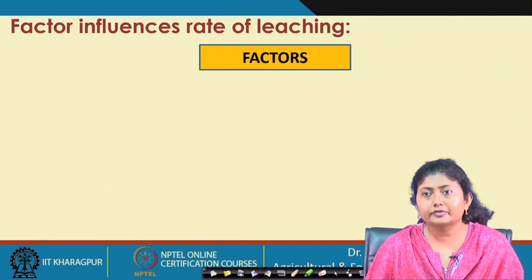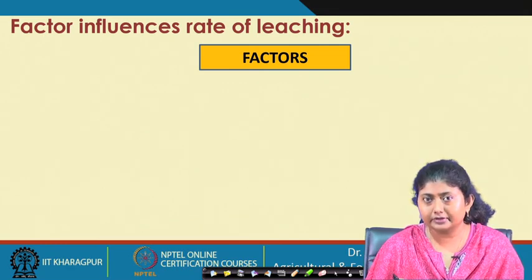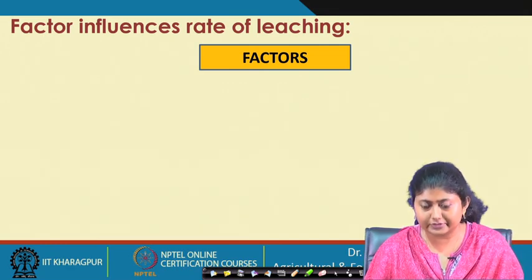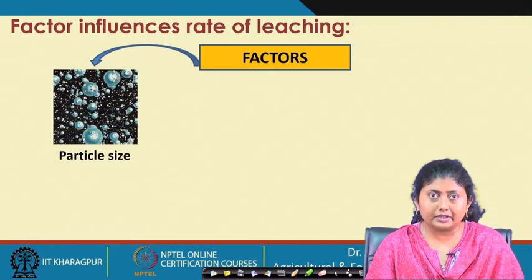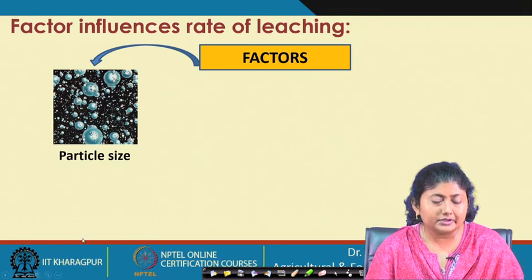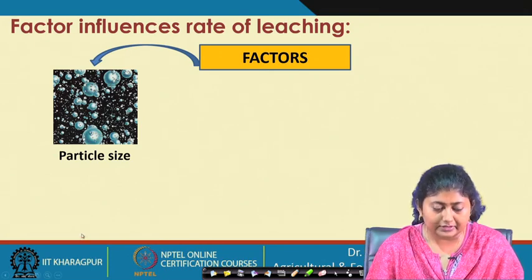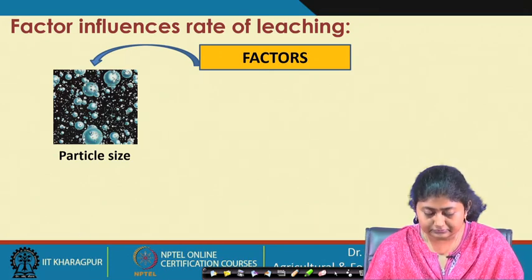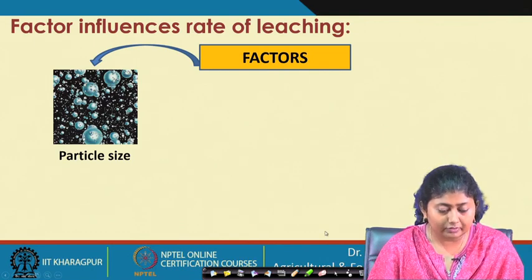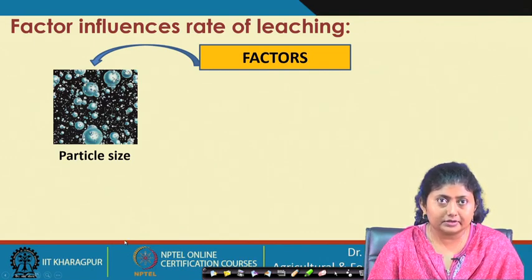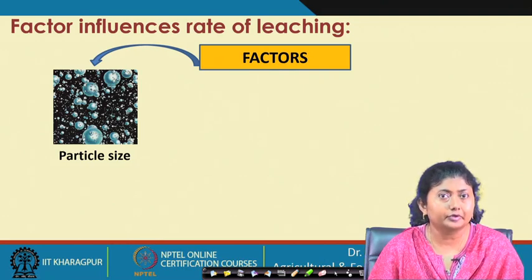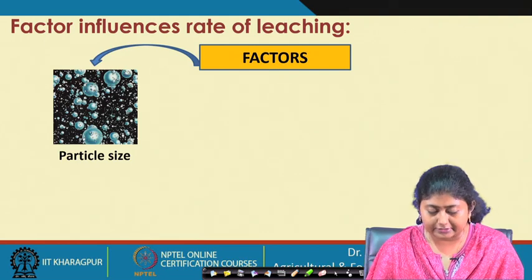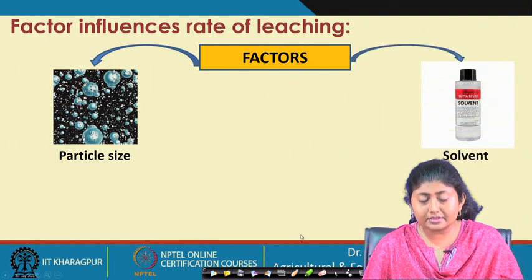Many times we use granulated material to increase the extraction efficiency. So, particle size will be the first important parameter. Based on the particle size, your extraction rate may vary, because the solvent has to reach the very inner core of the material, or be in contact with all solute components, so that it can be extracted.